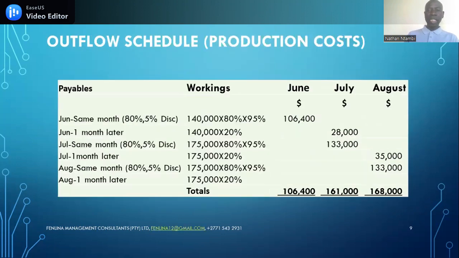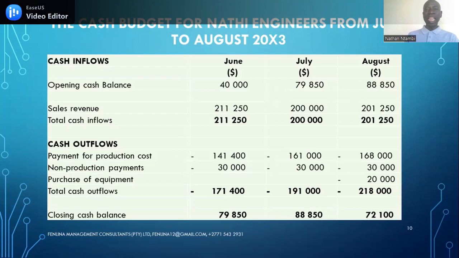And then that is what we see in our figures here, sales revenue of 211,250, 200, and 201,250.